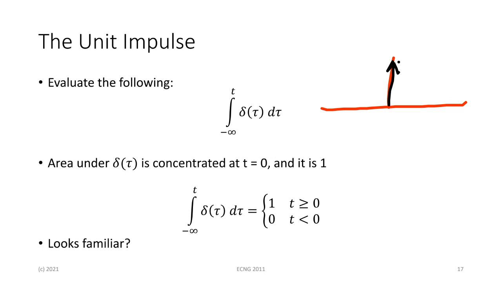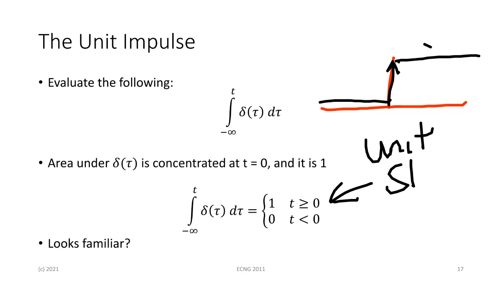This thing is defined as 1. So if I integrate it, in other words, what is the area of this thing? The area is 1. So if I plot the area, it is nothing before here, and then after here it is 1. So if I integrate this, I get this, which is my unit step.